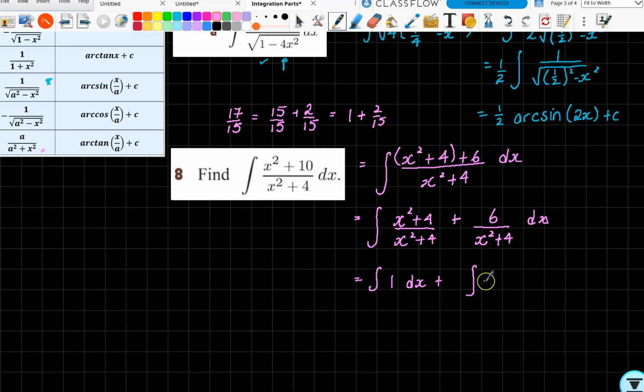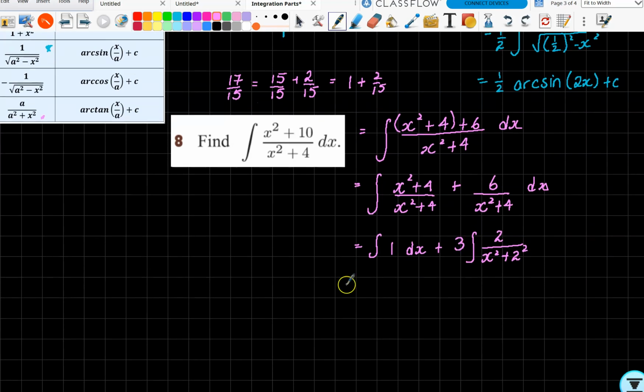I want it to be all over x squared plus 2 squared. So that means I have to have a 2 up the front. What do I have to do to make it 6? So then put the 3 there. And now we integrate as per normal. The integral of 1 is just x. And this now becomes 3 arctan, what was it? X over 2. Done.